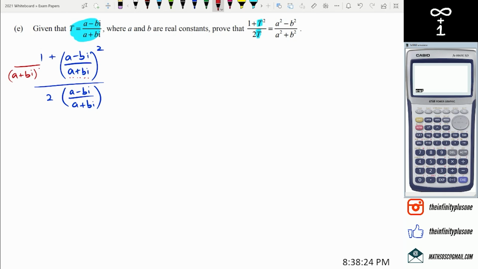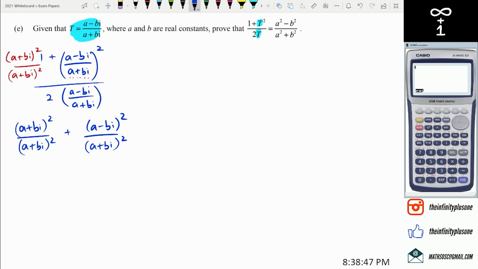So we're going to put that as (a plus bi) squared and (a plus bi) squared. So what we've really got here is (a plus bi) squared divided by (a plus bi) squared plus (a minus bi) squared divided by (a plus bi) squared. So that's the top line right there.